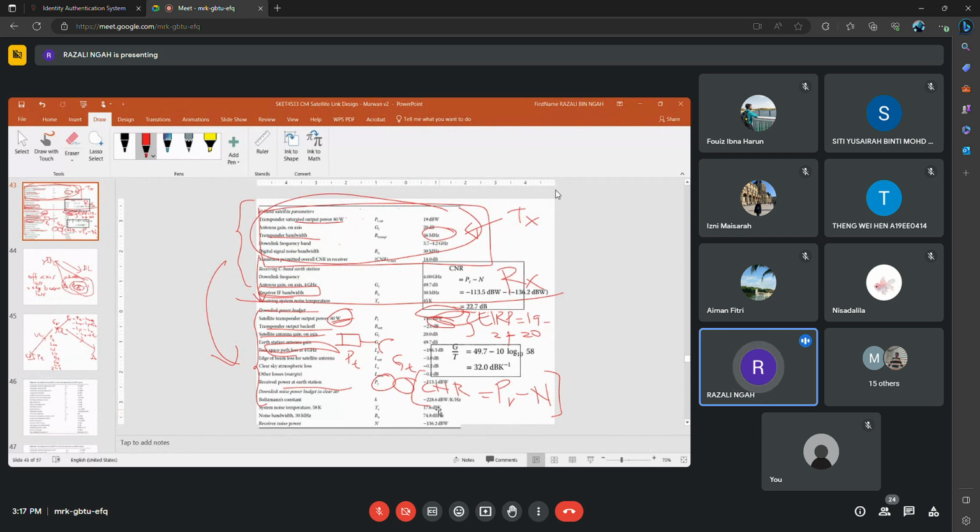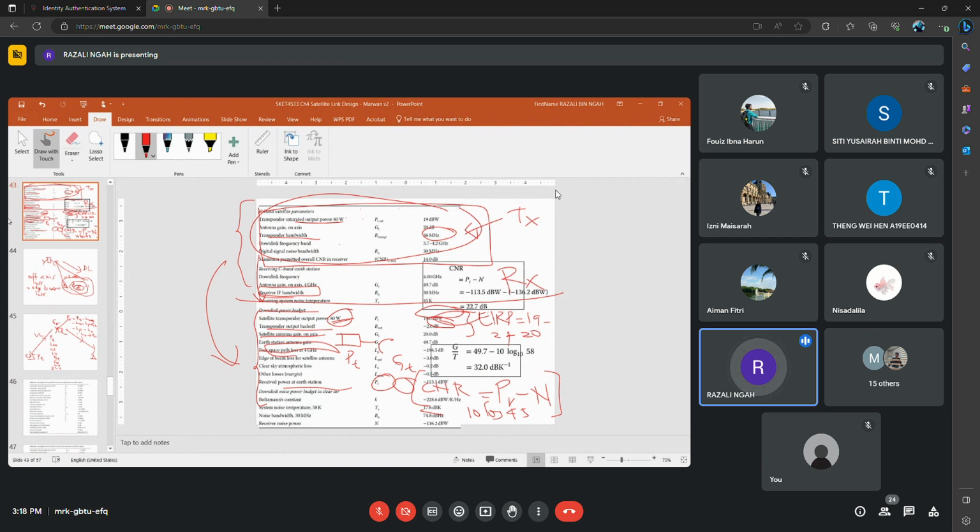So this is how you get TS, from this information. K is Kelvin, it's not kilo or what. So this 17.6 is 10 log 45.